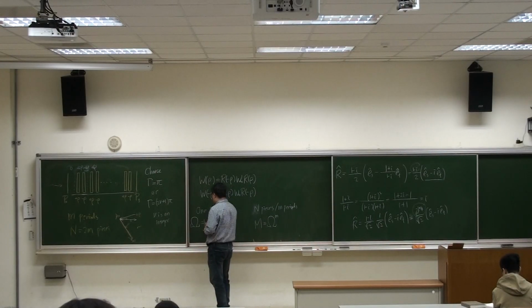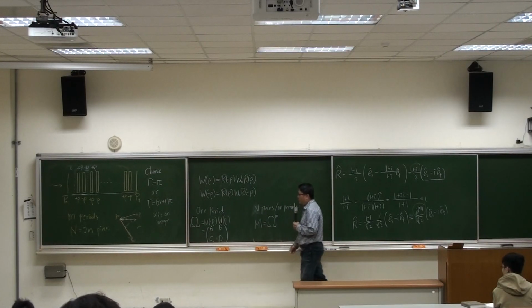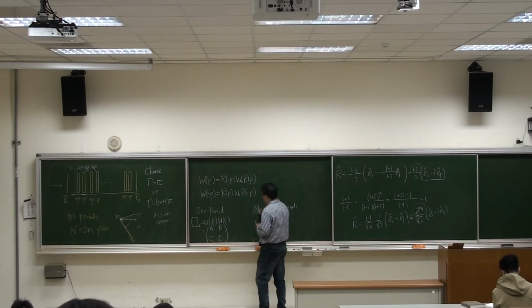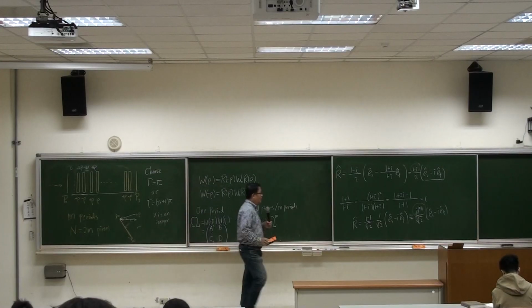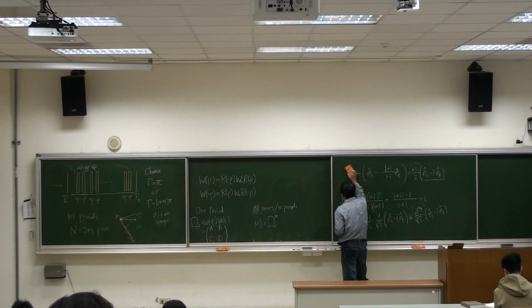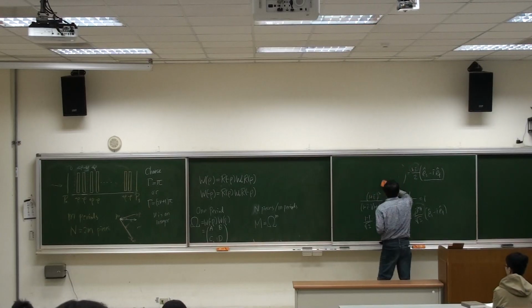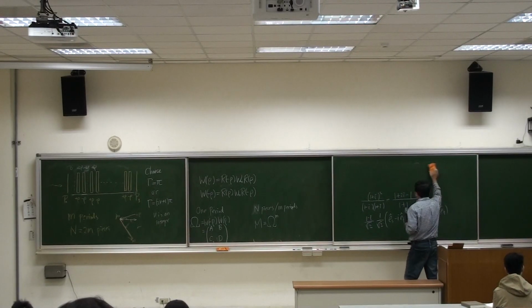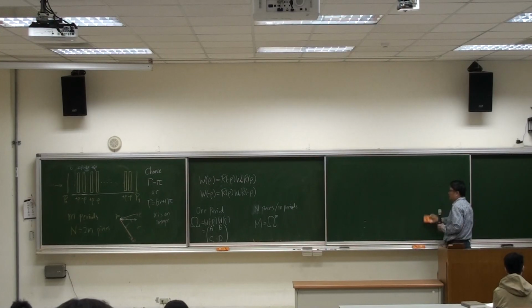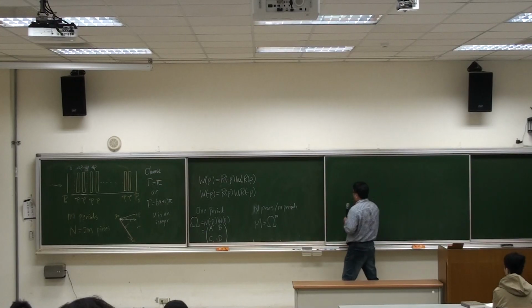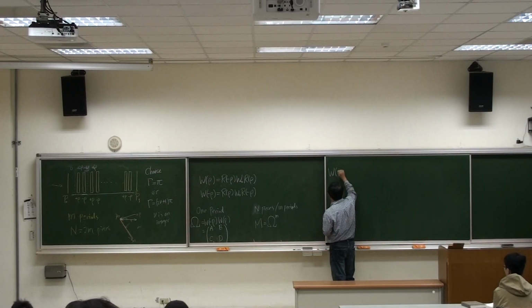Let me denote this omega as A, B, C, D. What are these A, B, C, Ds? What is W rho?